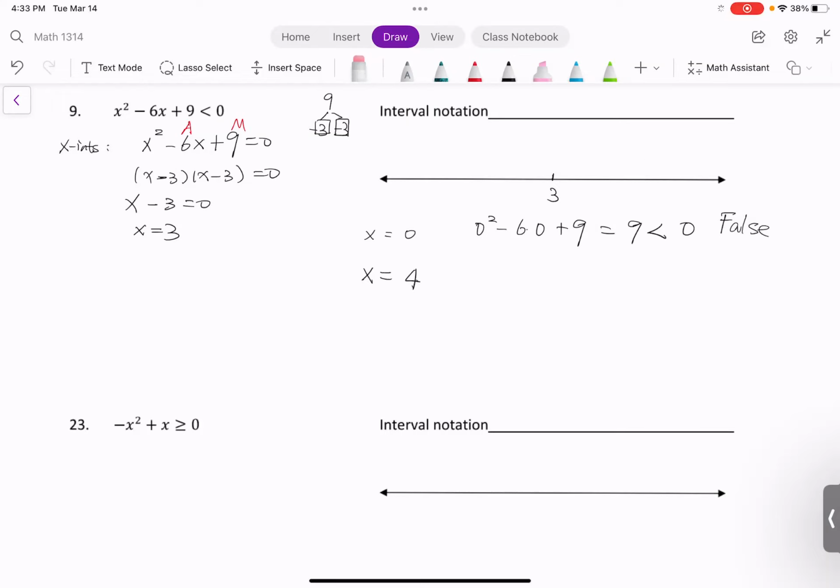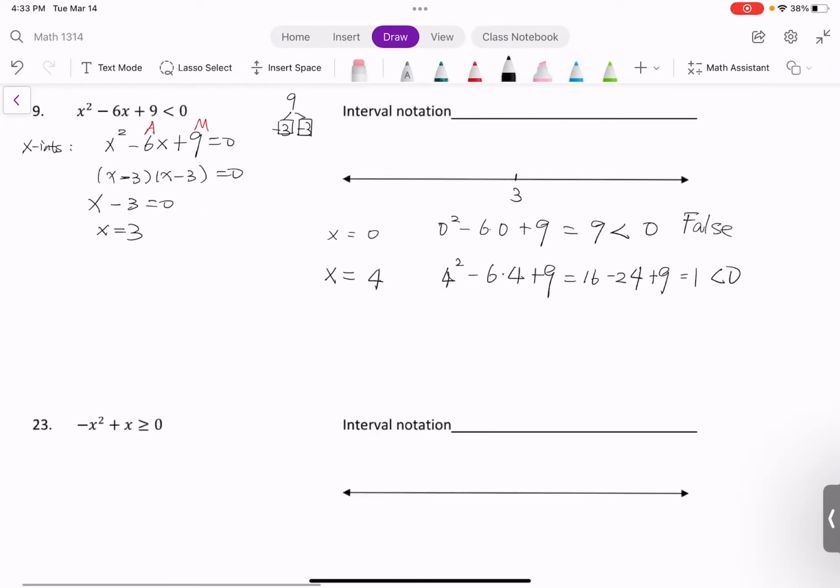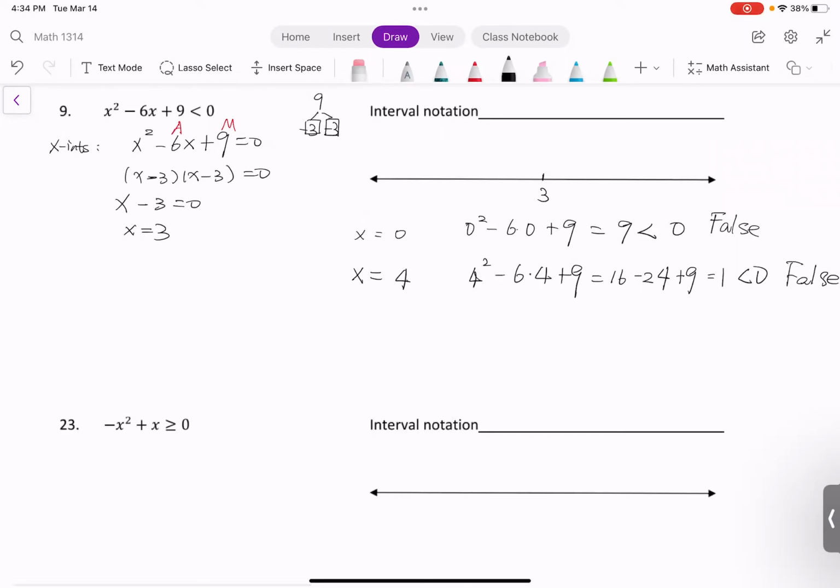So let's see. 4 squared minus 6 times 4 plus 9. That's 16 minus 24 plus 9. We have 25 minus 24, which is positive 1. Is that less than 0? No, false. So none of the numbers on the number line satisfy this condition.